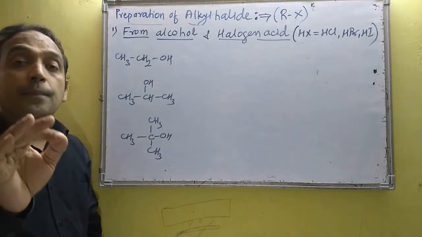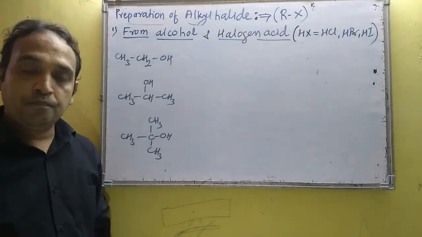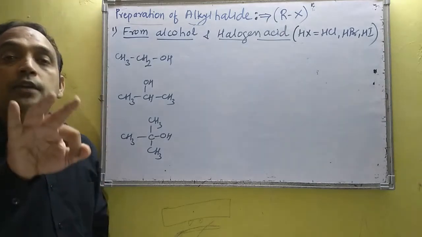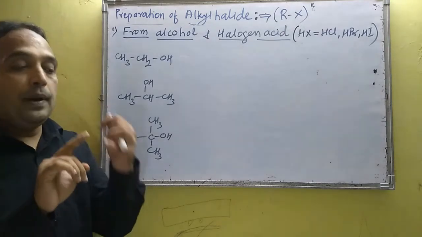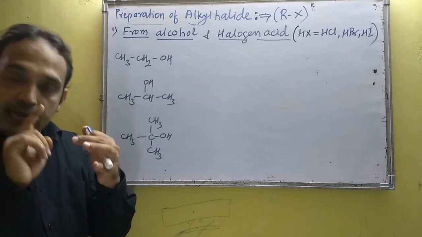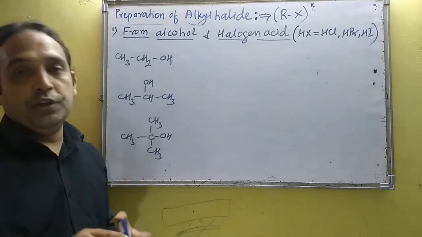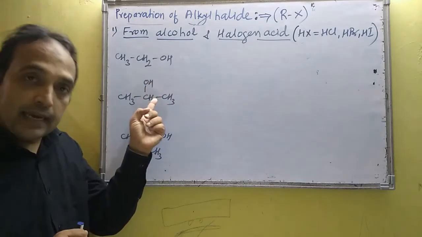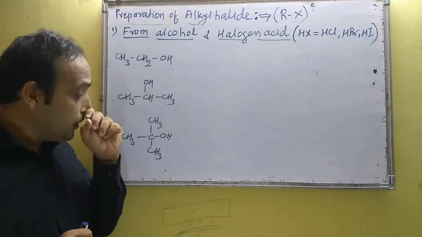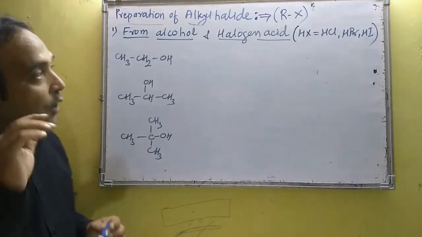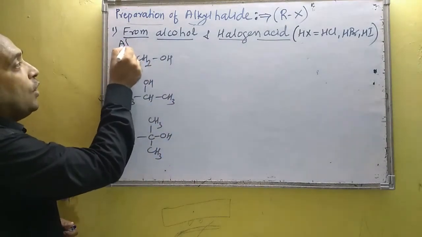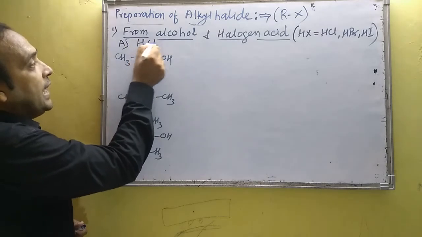So depending upon the nature of the carbon to which the hydroxyl group is attached, there are three types of alcohol: primary alcohol, secondary alcohol and tertiary alcohol. So this is an example of primary alcohol, this one is secondary alcohol and this one is tertiary alcohol.